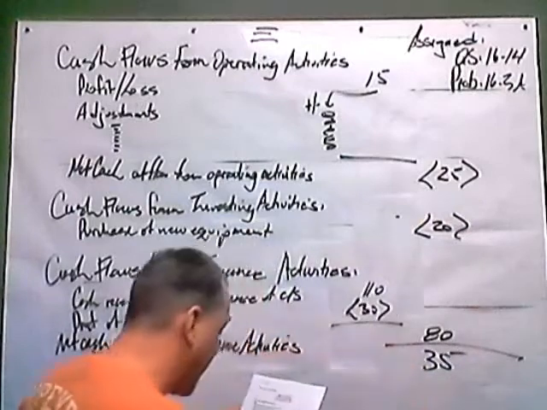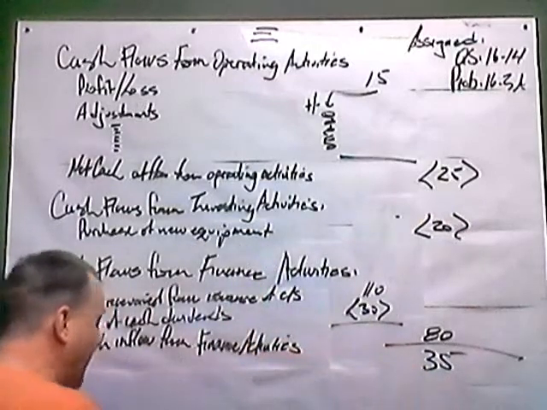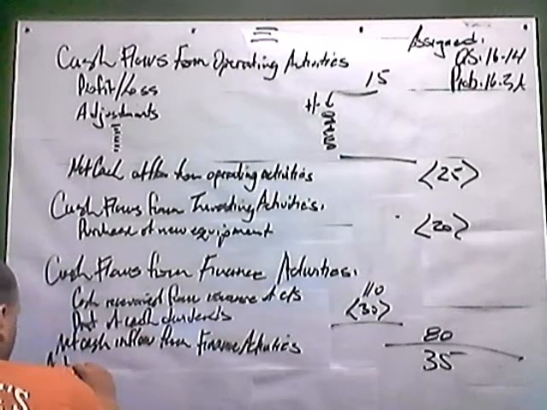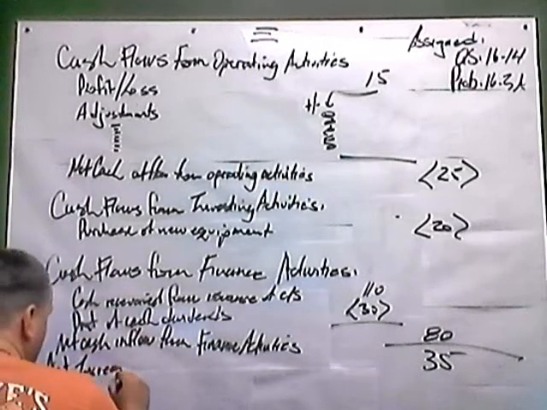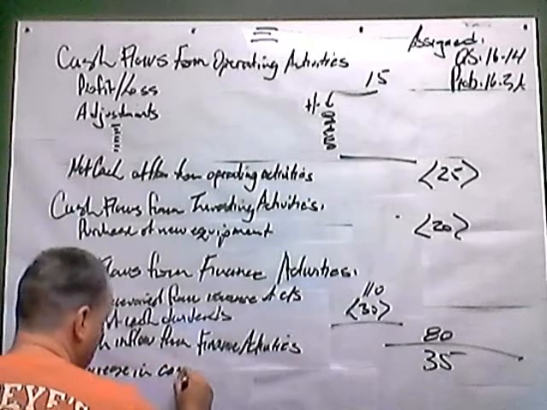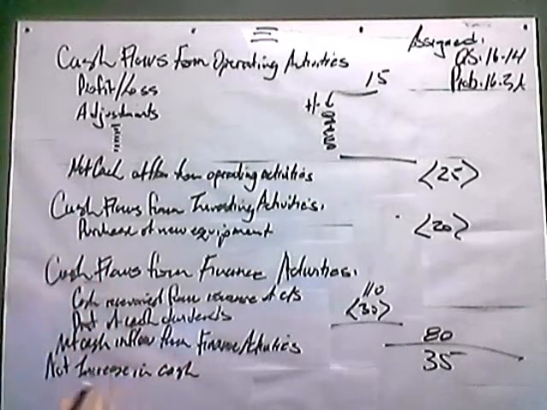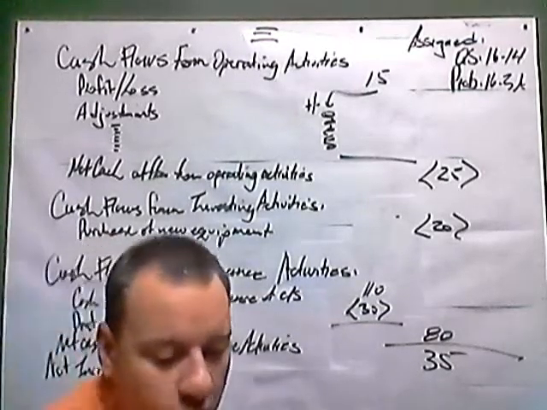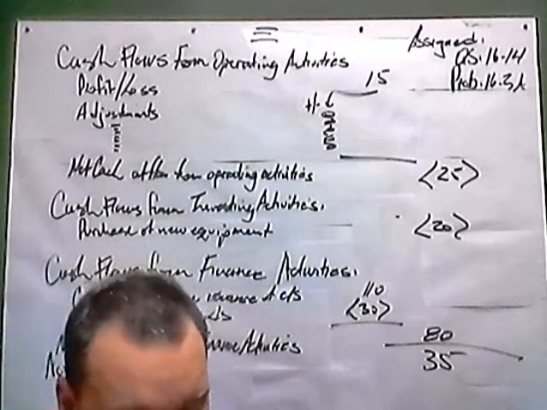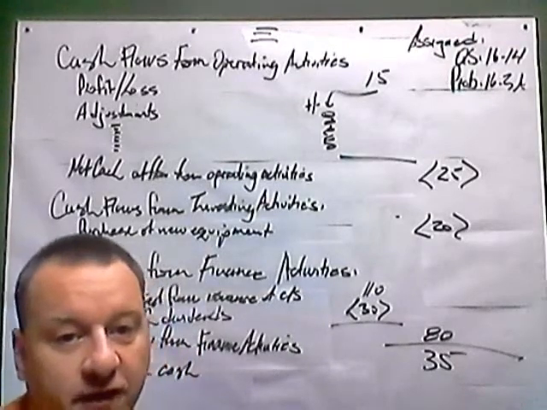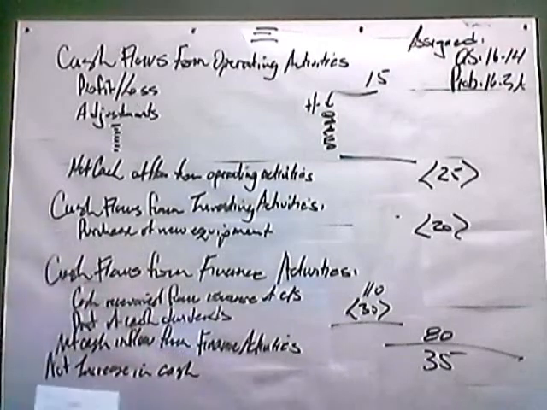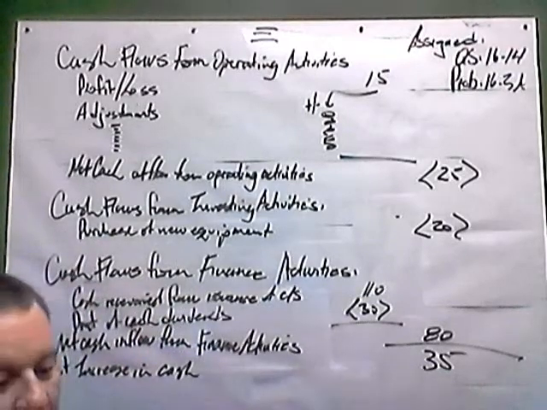So we'll have a net increase in cash for the year of 35 bucks. Now, this is how you know it's correct. Look at the balance sheet. Notice the cash balance went from 5 to 40. That is a difference of $35. Well, an increase. Lo and behold, we have a net increase in cash of 35.